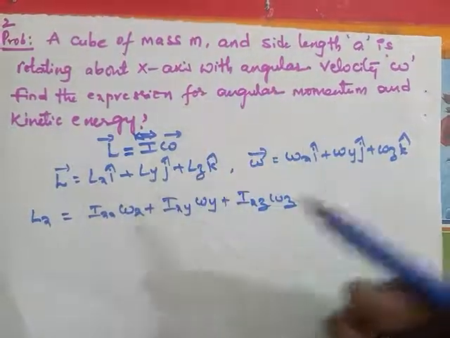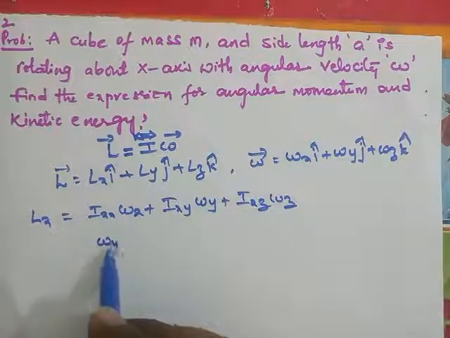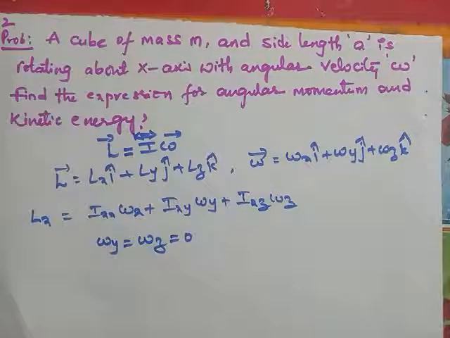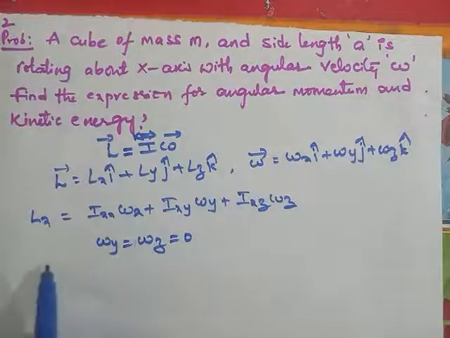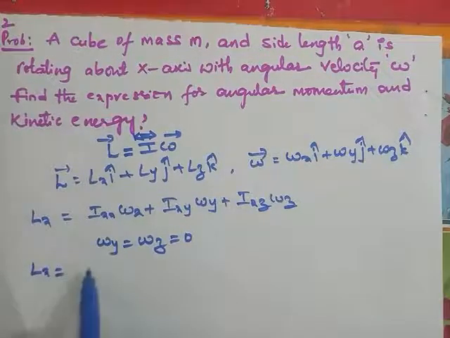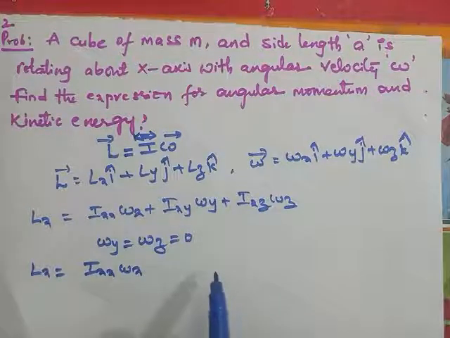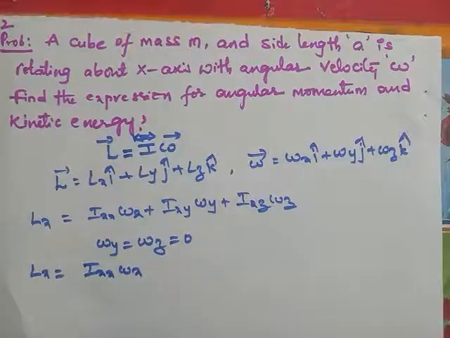So here omega y and omega z go to 0. Angular velocities along the y direction and z direction become 0. Now this equation reduces to Lx is equal to Ixx omega x. But here we know what the Ixx value is. Let us see that one later.